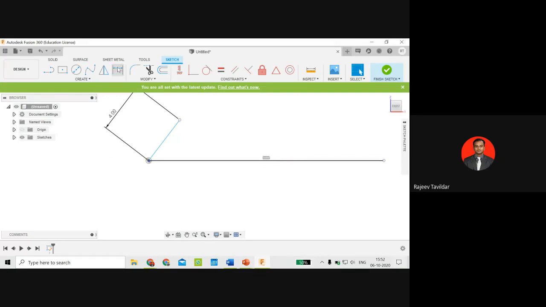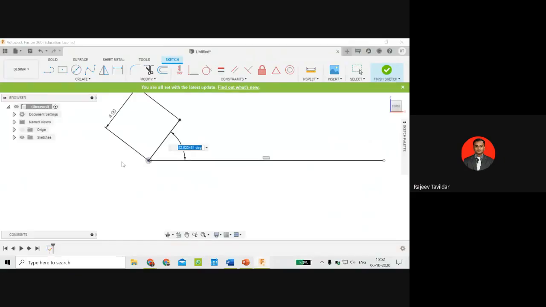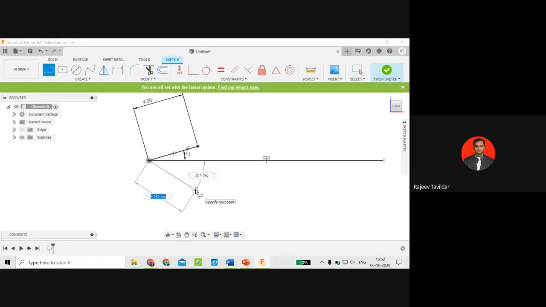Okay. Now what should be this angle here between this and this? This should be exactly half of 32.4 because we need to bisect it. Okay. So it will be 16.2. And I'll be drawing another line of 4 centimeters only.